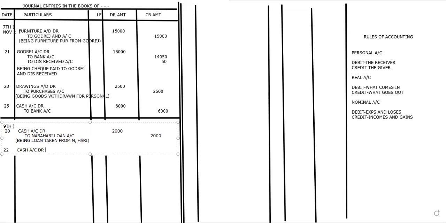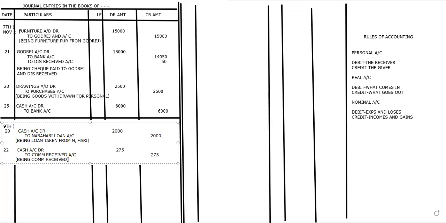So cash account debit to commission received. Commission received is a nominal income, and it should be on the credit side. That is the reason I have written like this. So being commission received.